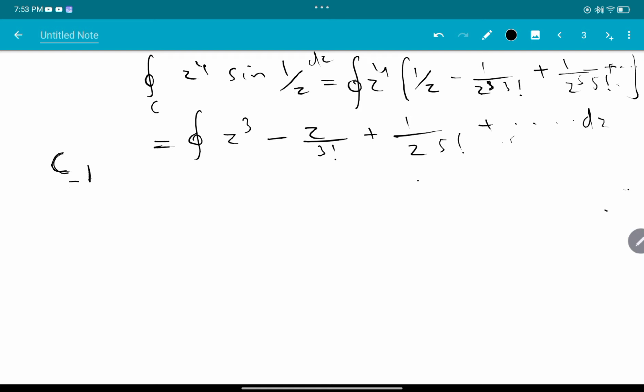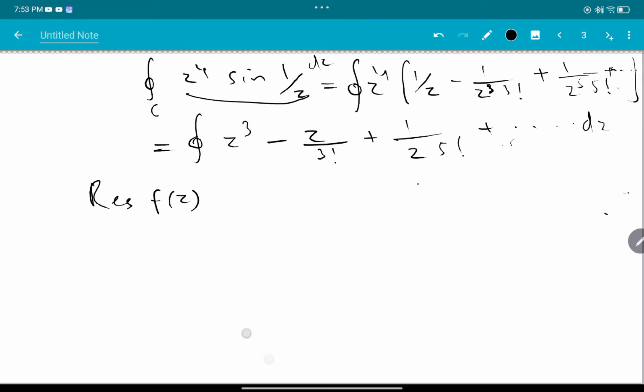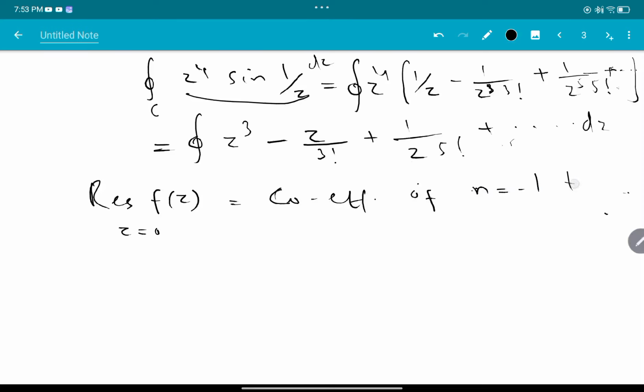That is the residue. So the residue of f(z) at z equal to 0 is the coefficient of the n equal to -1 term. Now look at this series and search for the n equal to -1 term. You have n equal to 3, n equal to 1, and here is n equal to -1. So what is the coefficient? It is 1 by 5 factorial.